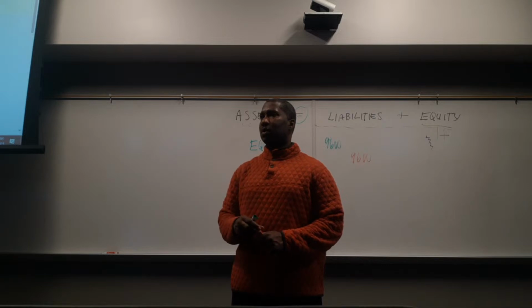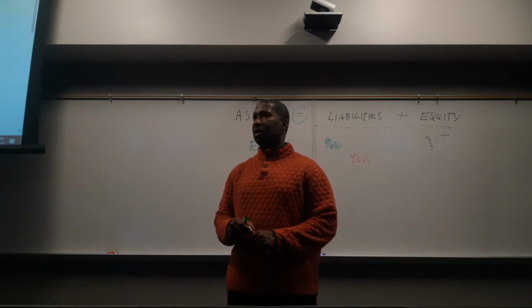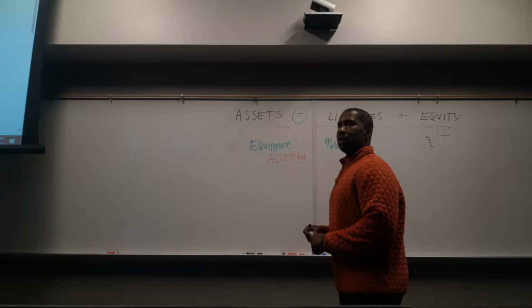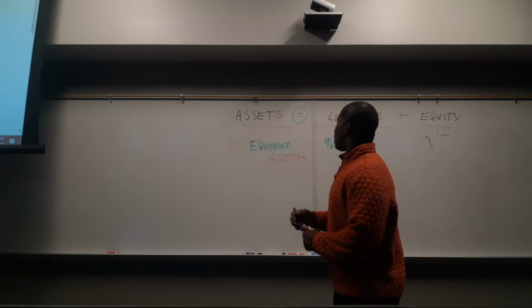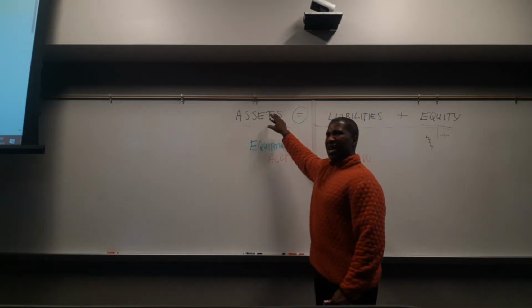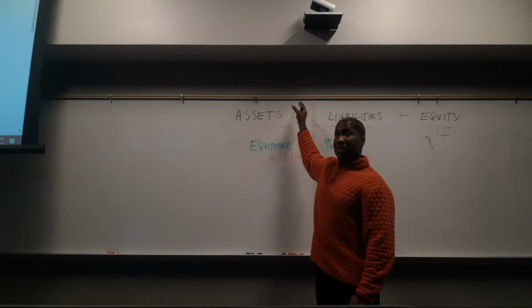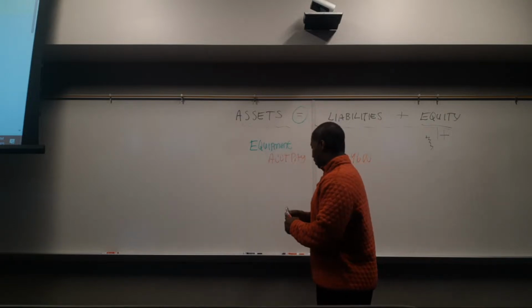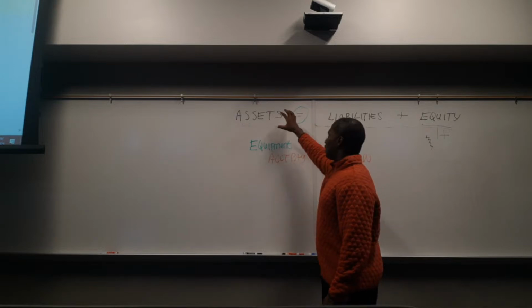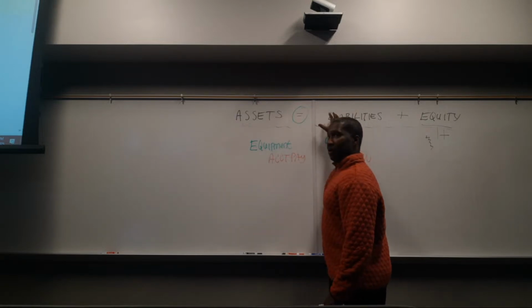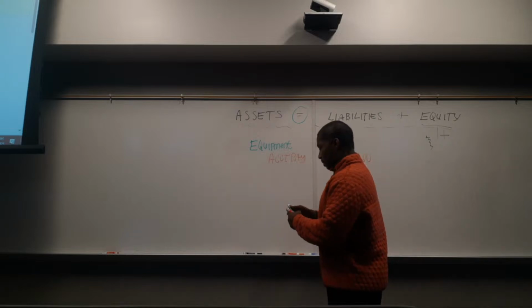Yes, ma'am. Just one more question. I noticed you said accounts payable, that's a liability, but is it on purpose under the assets? No, I didn't want to erase this because I wanted to always keep this in our mind. This is just for us, like that little cheat sheet on our paper that we're going to write. This is just for us to think about. Okay, I see the line now. Oh no, let me make it darker.